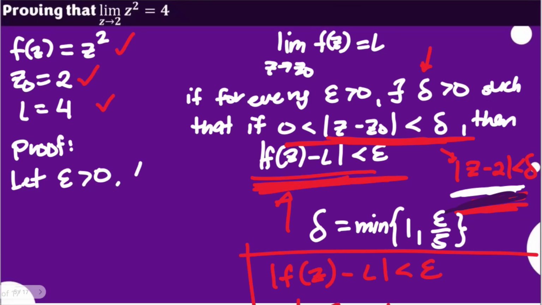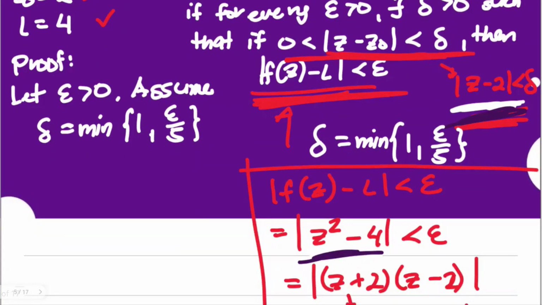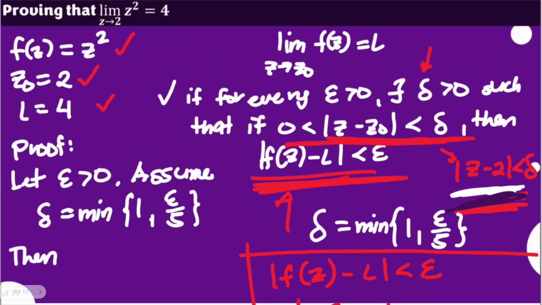So we have here: assume our delta to be the minimum of 1 and epsilon over 5. Since the delta exists, for every epsilon greater than 0, we have that first statement.